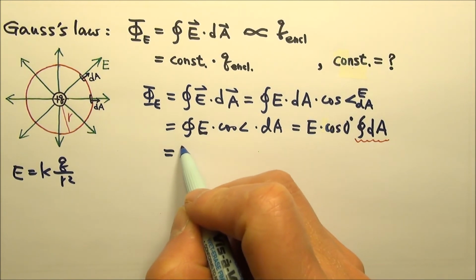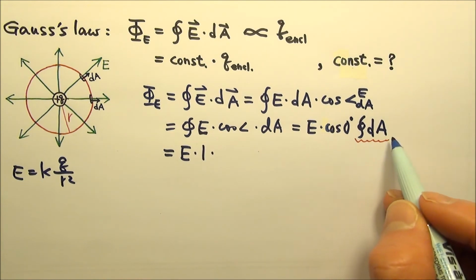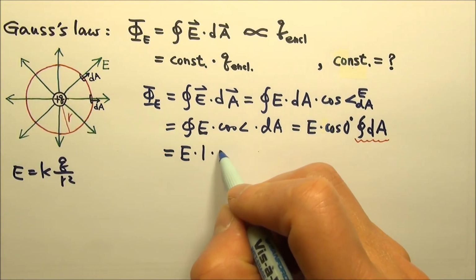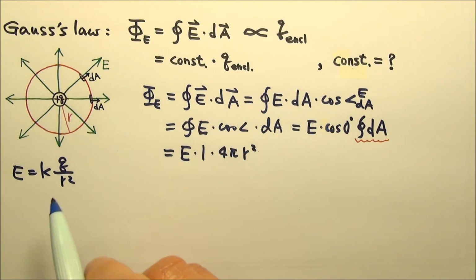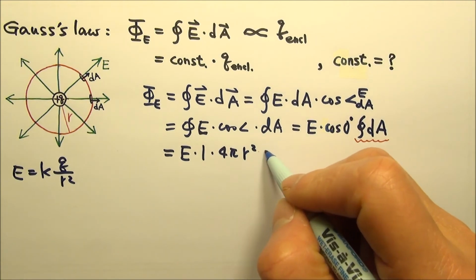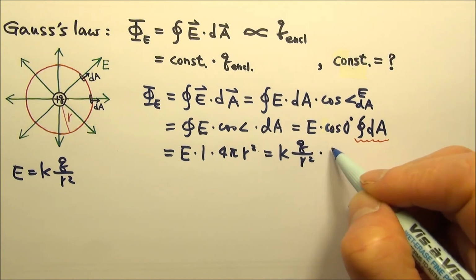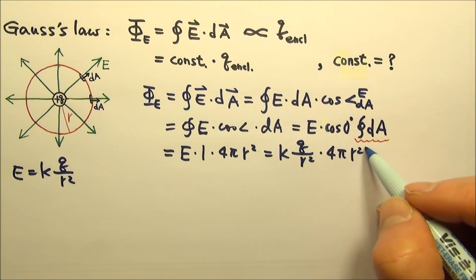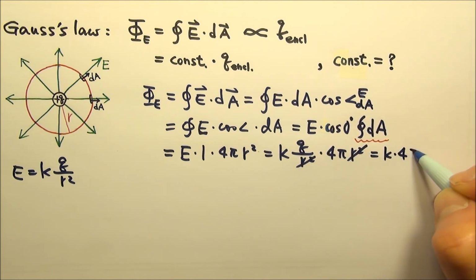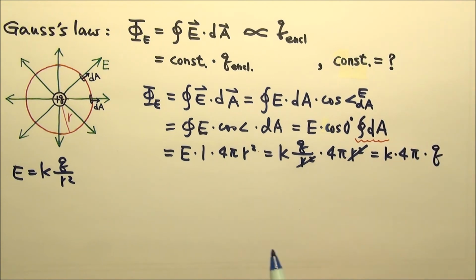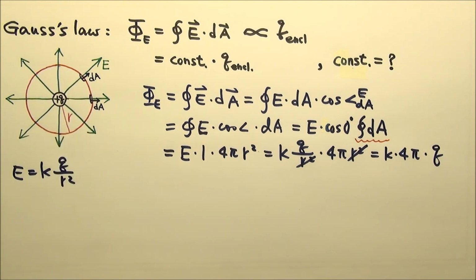So we have E times cosine 0 degrees, which is 1, and the area of this entire Gaussian surface is 4 pi r squared. Of course, according to Coulomb's law, we know E is kq over r squared. So this times 4 pi r squared, the r squared cancels, and we get k times 4 pi times q, and that q is the enclosed charge inside this Gaussian surface.